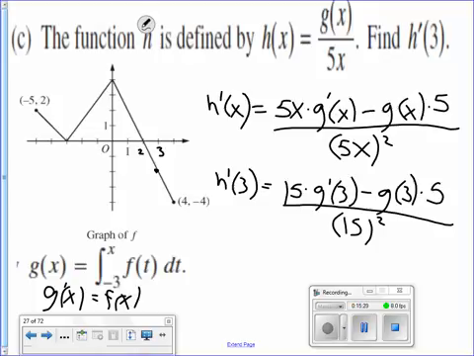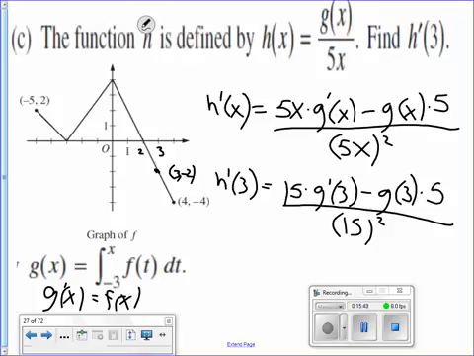The slope we just figured out was -2. So if it's at 2, 0, and you go down 2 over 1, where are we? We're at 3, -2. So g prime of 3, we can read from the graph.